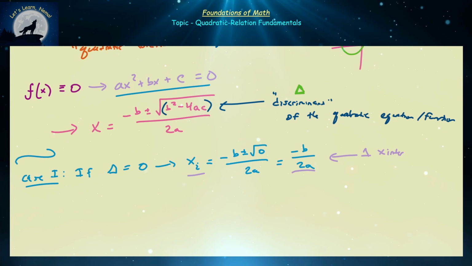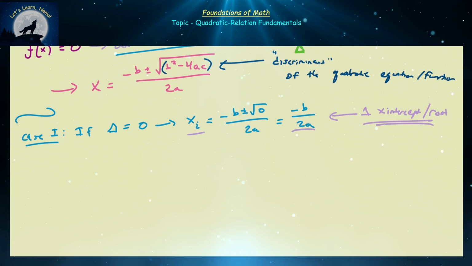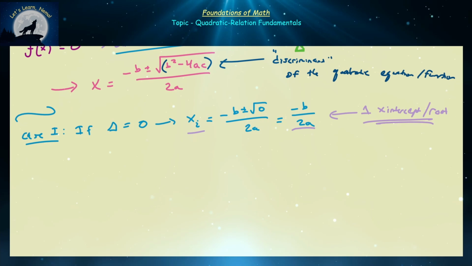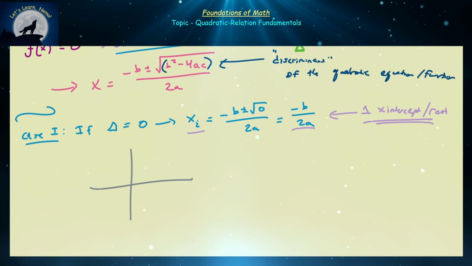Sometimes people also say one root, right? Because if it doesn't cross the x-axis, then it doesn't have any x-intercepts. But this object can be viewed also as a root of that particular quadratic equation, or a root of that particular quadratic function. So if a U-graph only has one x-intercept, then what will it look like?